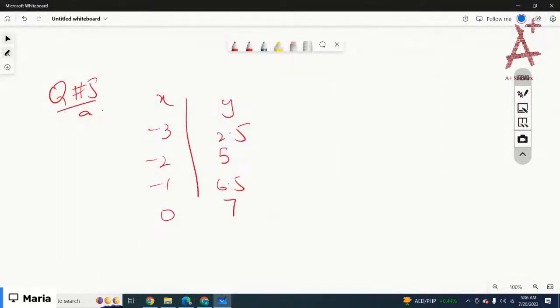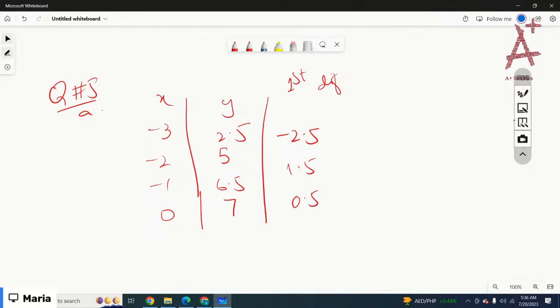Let's just calculate the first difference. 5 minus 2.5 is 2.5. 6.5 minus 5 is 1.5. 7 minus 6.5 is 0.5.